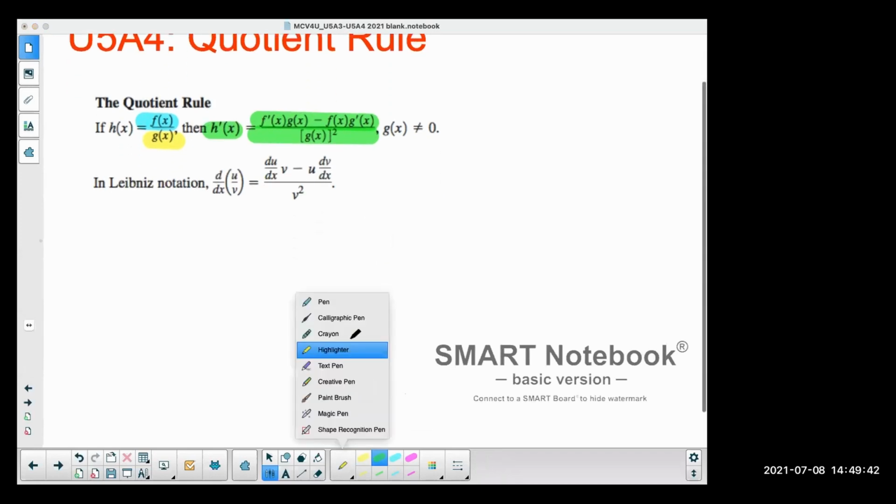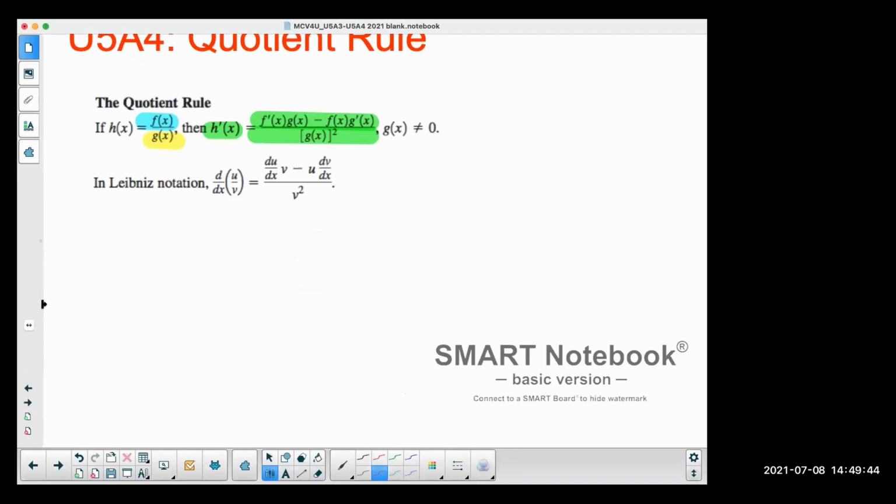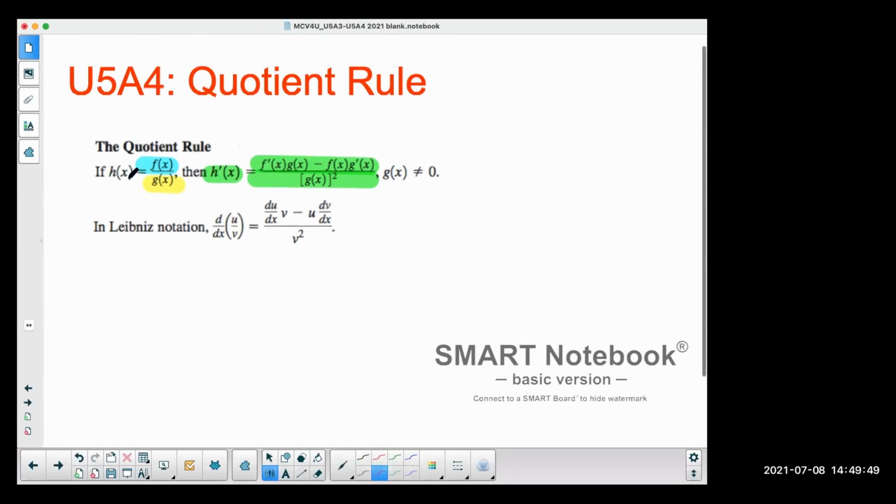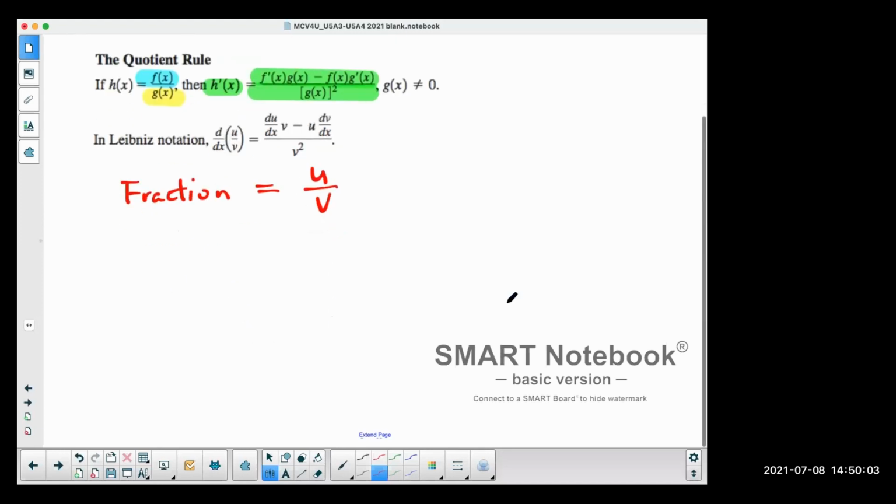So here's my take on it. Basically, whenever you have a quotient rule, you have a fraction. You have a fraction in the format of top and bottom, like u divided by v, top and bottom, right? And here's how I remember it.